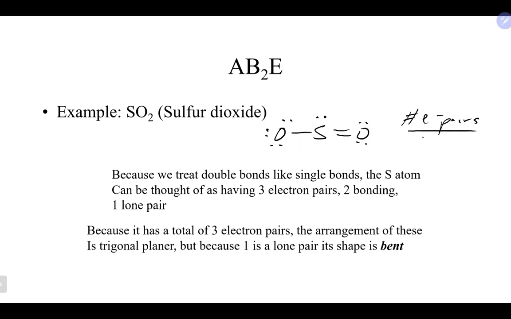It is 3 electron pairs: 1, 2, and the double bond counts as only 1 electron pair. The number of bonds would be only 2. A double bond counts as only 1, and that's a really important rule when you're doing geometry. A double bond, triple bond, single electron pair, and single bond each count as one.